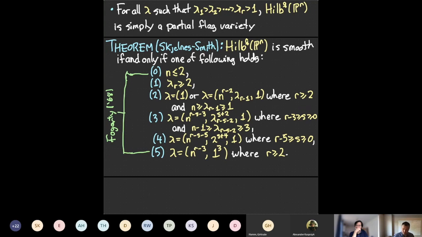Cases 1 and 2 were analyzed by Andrew Stahl. His work just appeared in print this year, amusingly part of his thesis, so a 3rd thesis related to Hilbert schemes. And he showed by analyzing Borel fixed points that these were smooth.